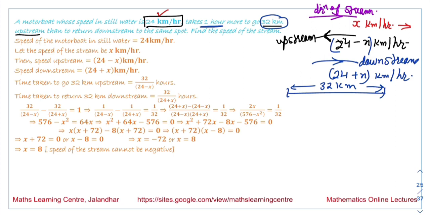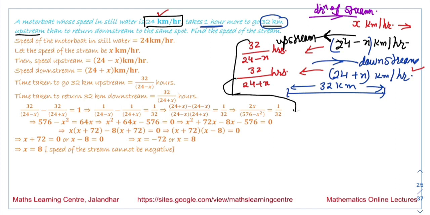So the time taken during upstream is 32 over 24 minus x hours, and the time during downstream is 32 over 24 plus x hours. Speed is more in downstream, so this time will be less, and the difference between the two times is given to be 1 hour.